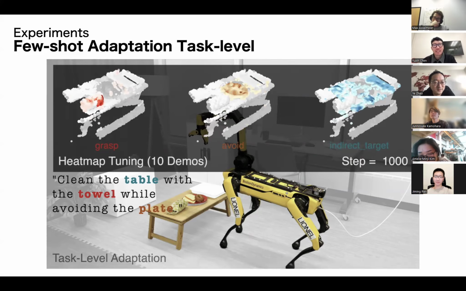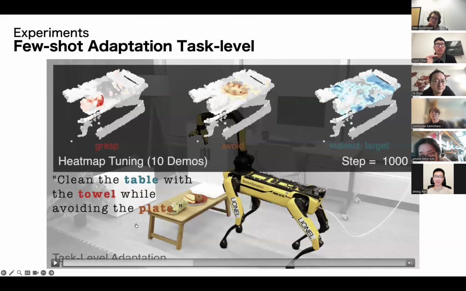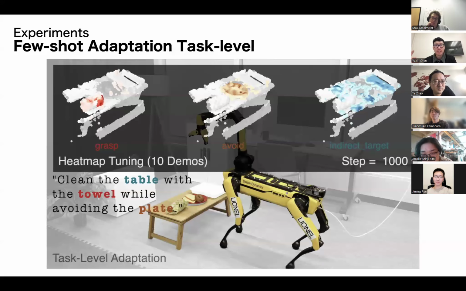Anything beyond this is too complicated, because during the diffusion policy training, we don't train these kinds of tasks. We train more modularized tasks. We just train clean the table or just avoid some object. And then during execution, we need the policy to combine two different modalities. So this is very challenging.